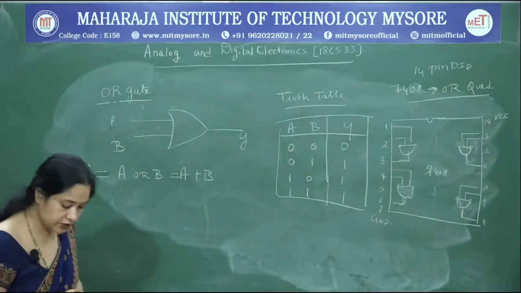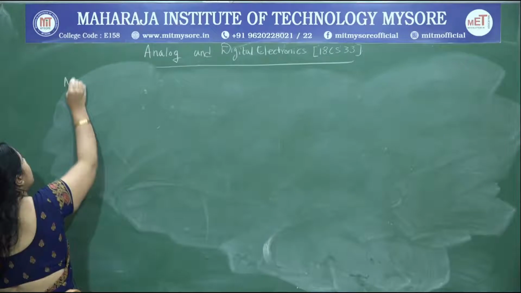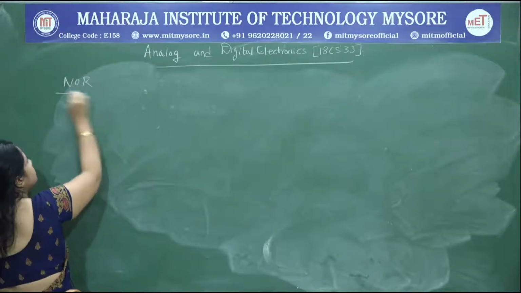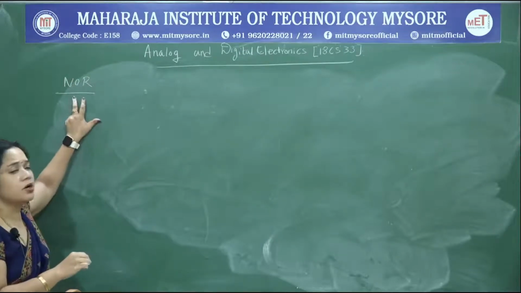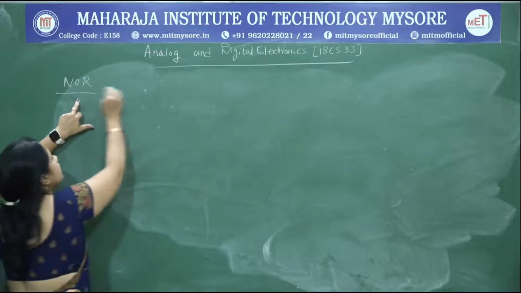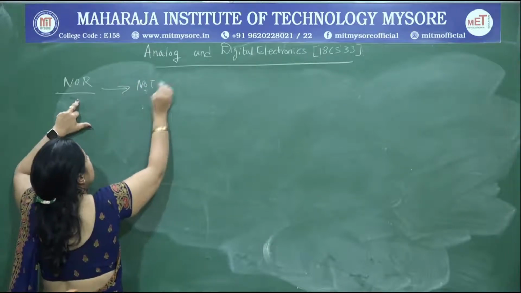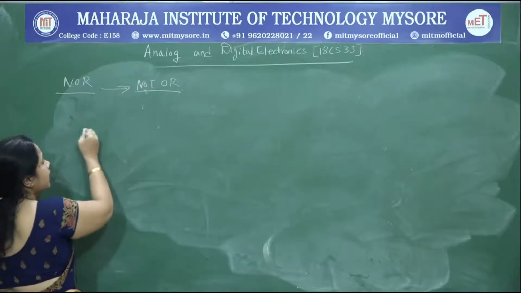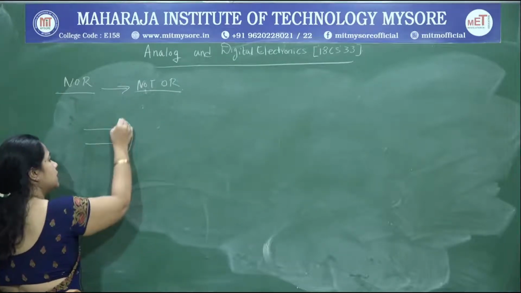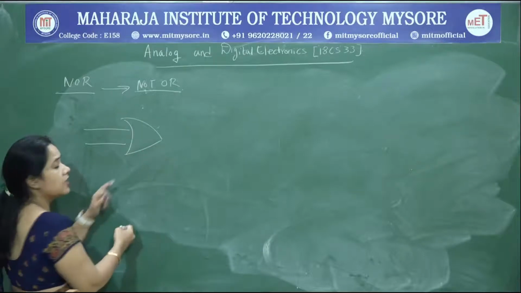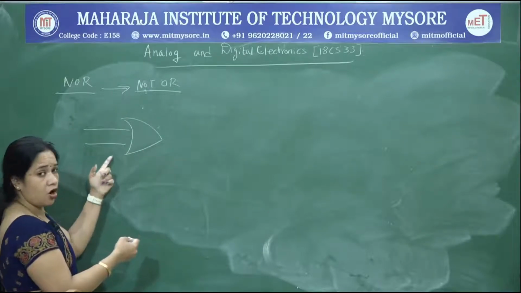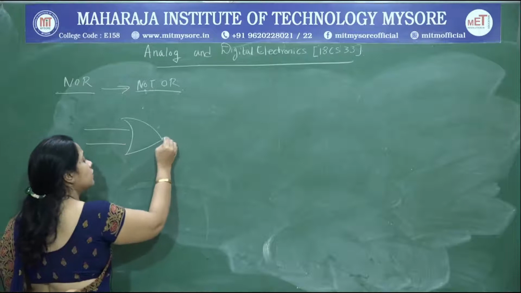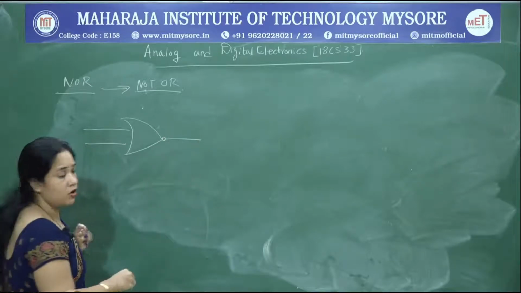And coming to the universal gates, so the universal gates are NOR and NAND. So, coming to NOR, it stands for not OR. So, symbolically you are representing a NOR like this. Because it is a NOR, we put a notch here indicating it is a NOR gate.